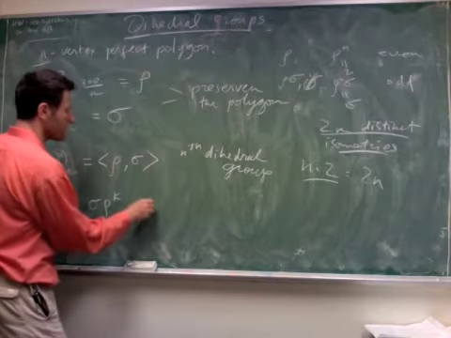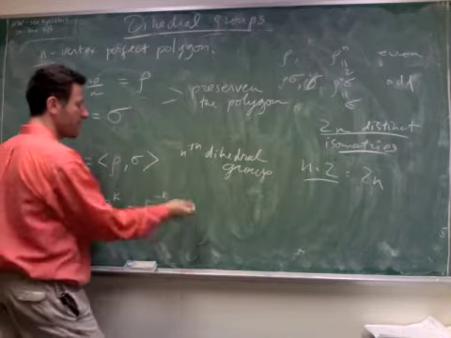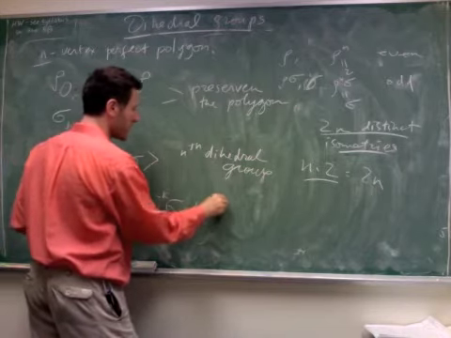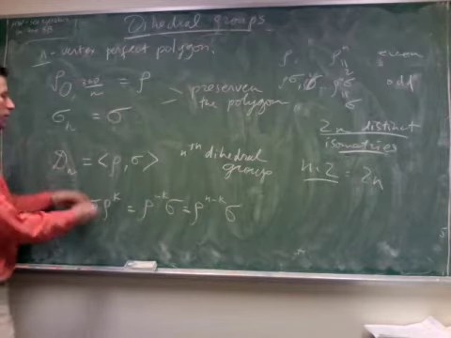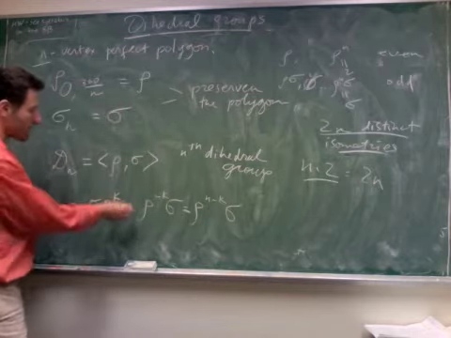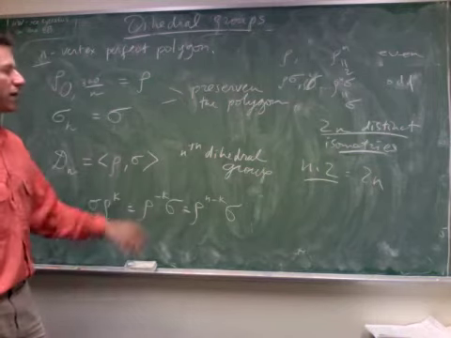In other words, it's equal to rho minus k sigma. Just add n and we have rho to the n minus k times sigma. So we know how to commute sigma through rho to the k. We'll get sigma on the right and rho to the n minus k on the left.